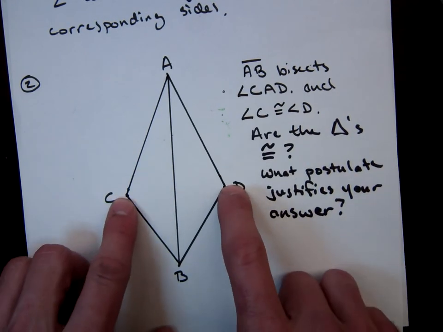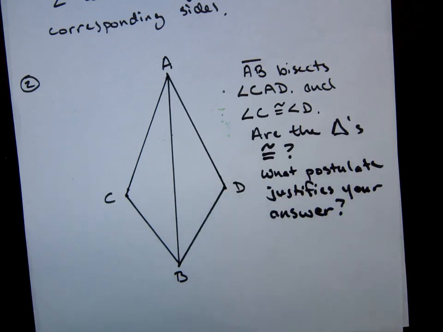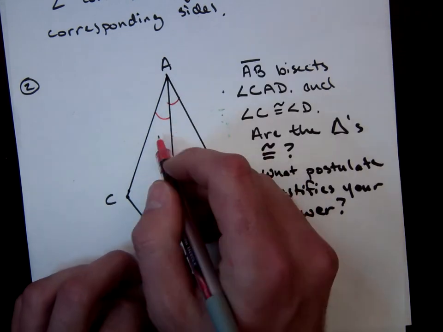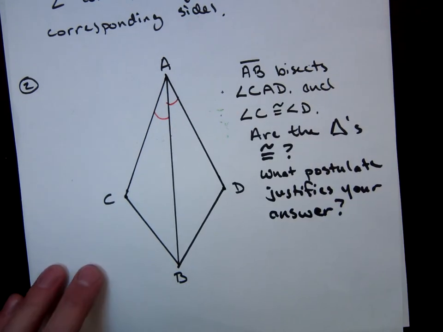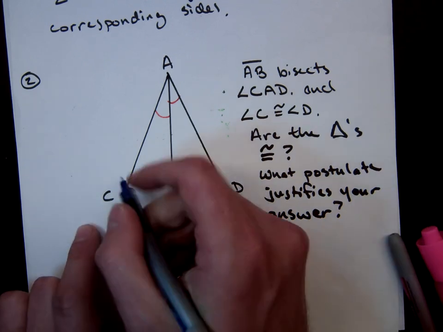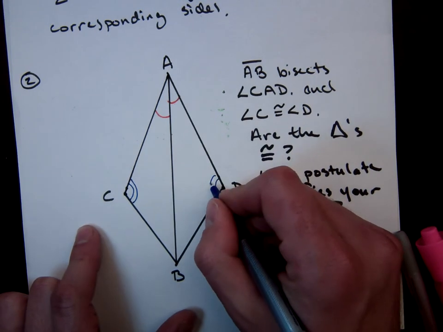Well, if I take CAD and cut it into two equal sections, then I know that these two angles here, notice how I offset my congruent angle marks, must be congruent. And they also tell us that C and D are congruent.